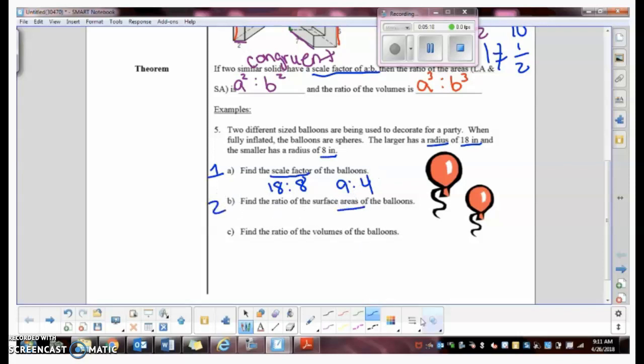Now we want the ratio of the surface areas of the balloon. So that's 9 squared to 4 squared. That's 81 to 16. And then the ratio of the volumes is 9 cubed.